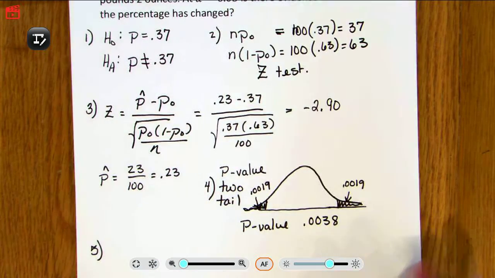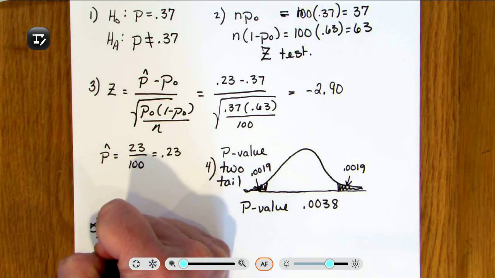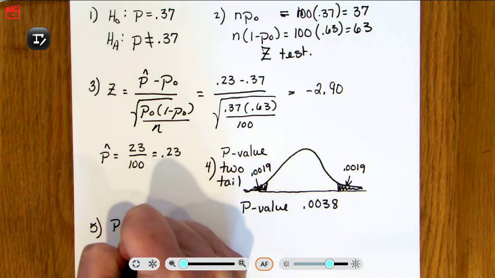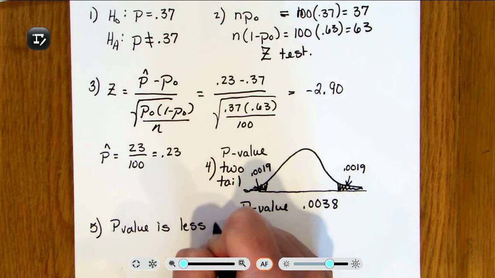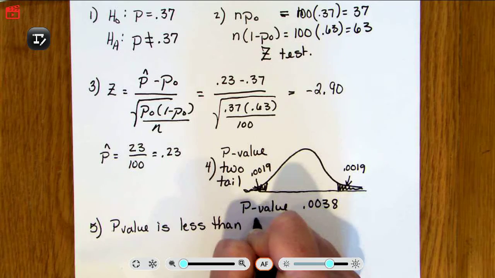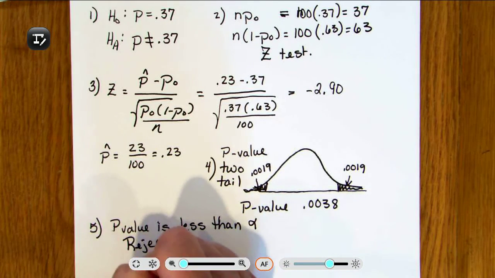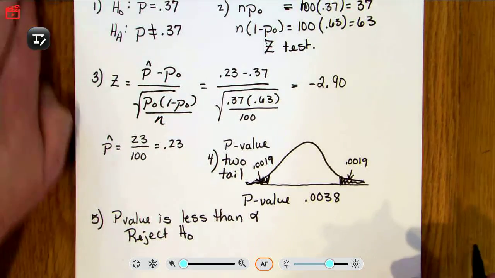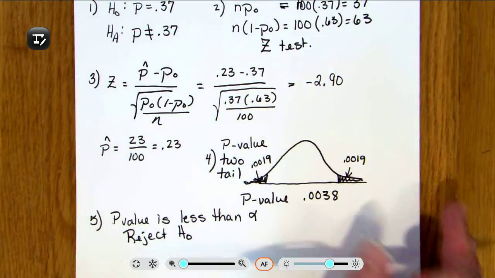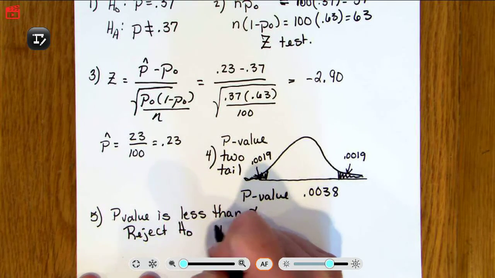Step 5 is to make our decision. We find that our p-value is less than the alpha, so we will reject. And it is just a coincidence that all 4 of our examples did reject. It does not necessarily mean that always happens.